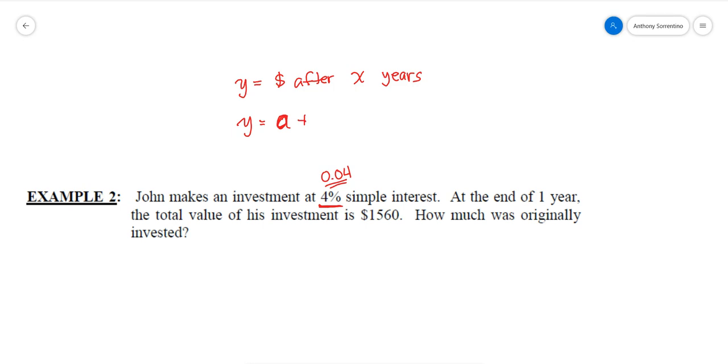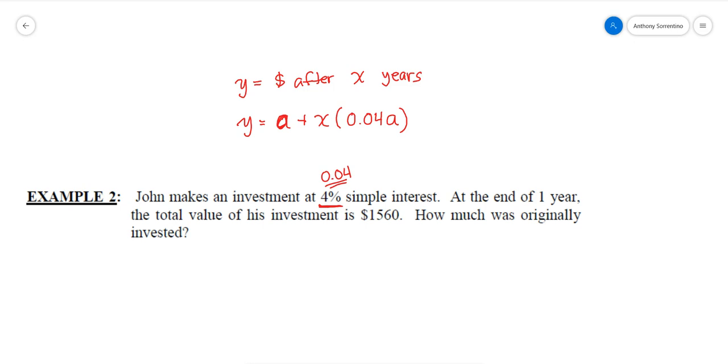At the end of 1 year, or after so many years, I'm going to have 4% added on to that. So I have to say, okay, well, I'm going to have 0.04 of that original amount added on.